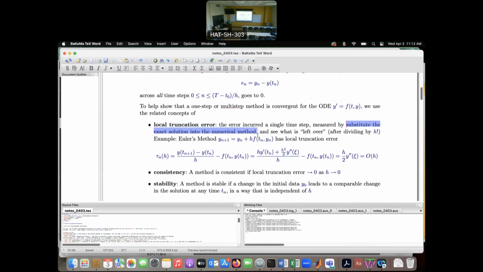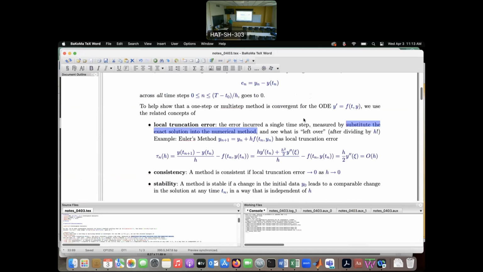And the way you determine that is you take, so this is the important part right here, the exact solution of your problem, your ODE, and you substitute it into the numerical method. When you substitute the exact solution of an ODE into the ODE, of course it's satisfied. That's what it means to be a solution.